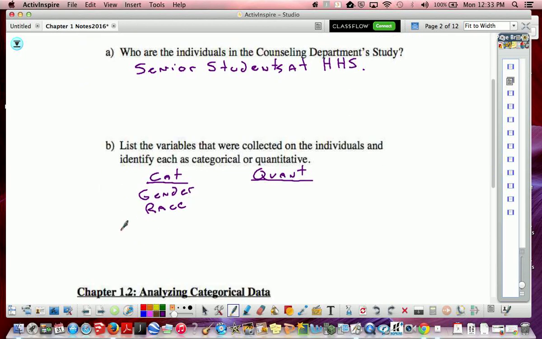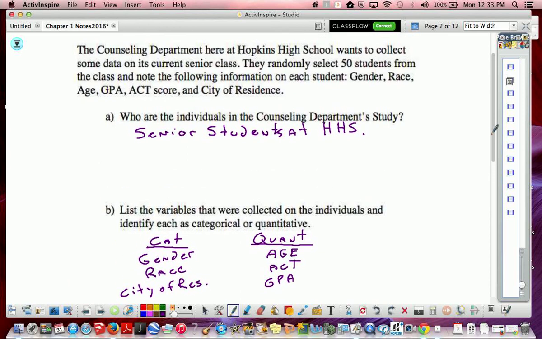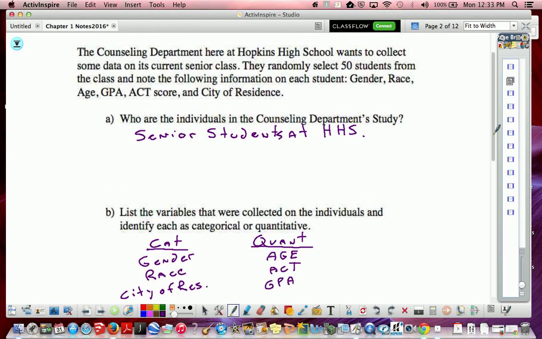City of residence. Alright, how about quantitative? ACT. GPA. Is that all of them? Yeah. There's only 6? Yeah. 1, 2, 3, 4, 5, and 6. Alright. Great job. We'll work on the CFU tomorrow.